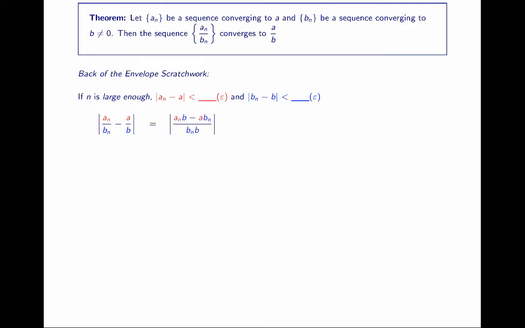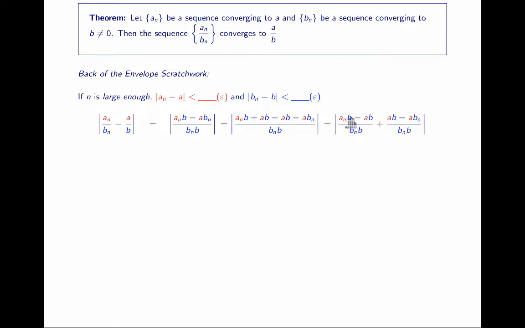Well, let's start by putting them over a common denominator. In order to separate it so that I get something that looks like this and something that looks like this, let's add 0 in the sense of adding AB and then subtracting AB. Then these two terms can be put together and I can factor out an A. These two terms can be put together and I can factor out a B. Now if I factor out a B, it'll cancel out that B for that term.